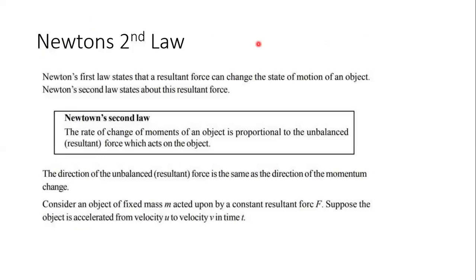Now in the second law, it is stated that the rate of change of momentum. So how do you write down the rate of change of momentum? Let's look at the first case. How do you write down the change of momentum of an object?